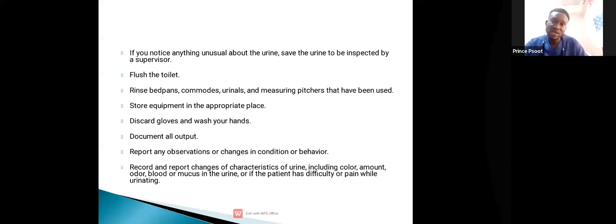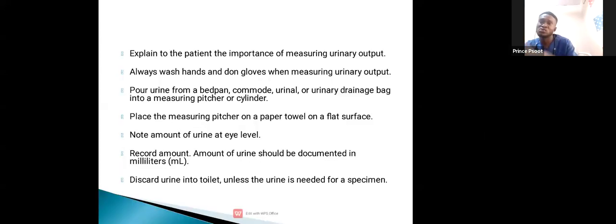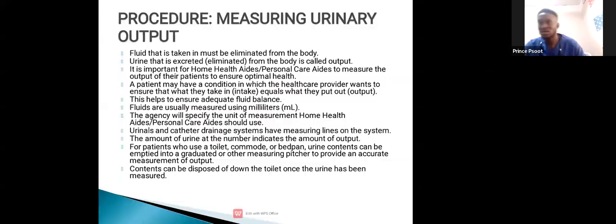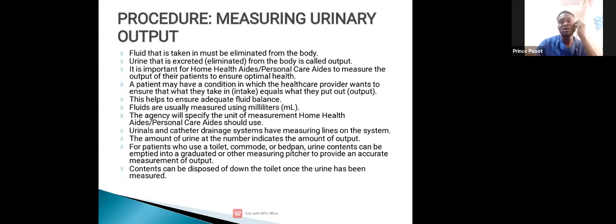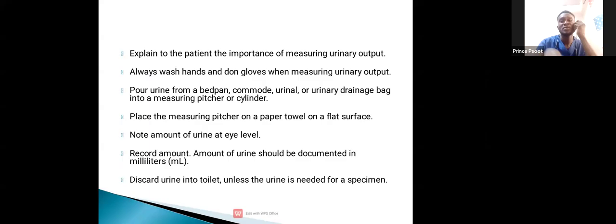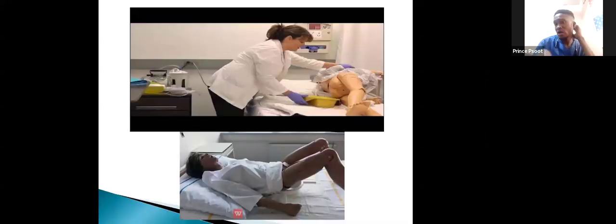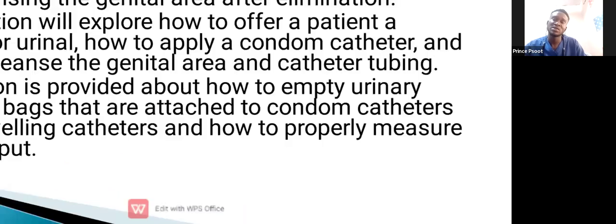And with that, we have come to the end of how to measure urinary output. In summary, what we discussed today is helping a patient with elimination. We talked about patients needing this kind of procedure: the very weak, the frail, the 100% dependent patients.